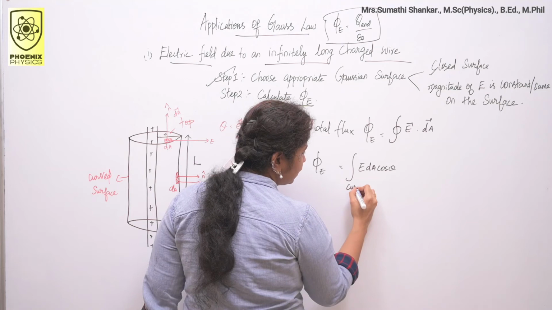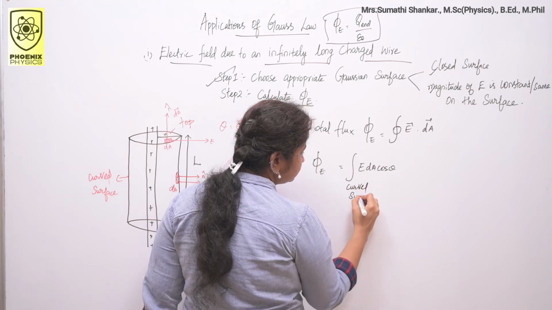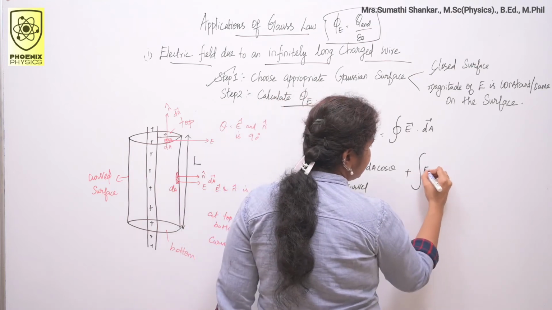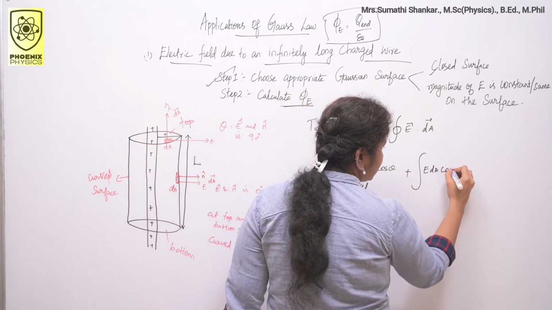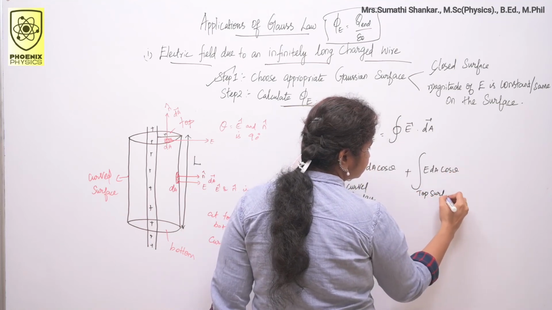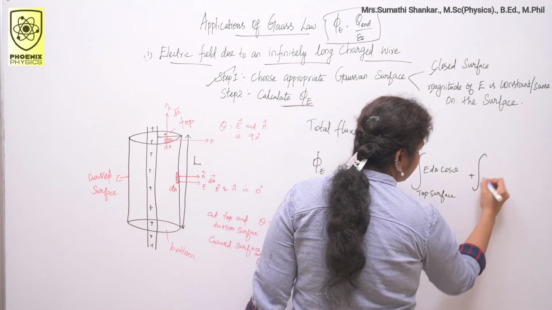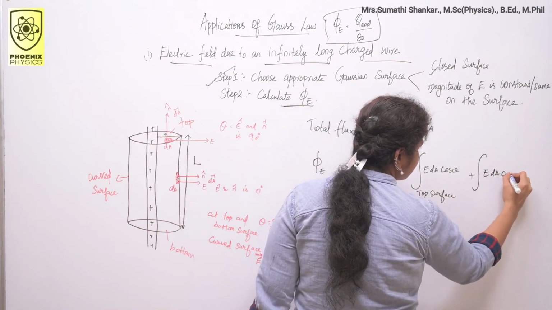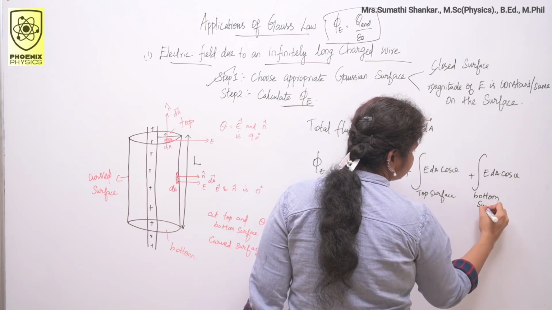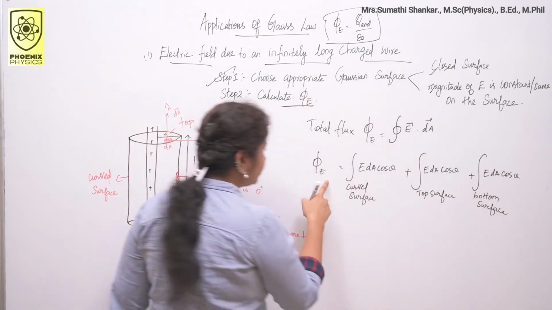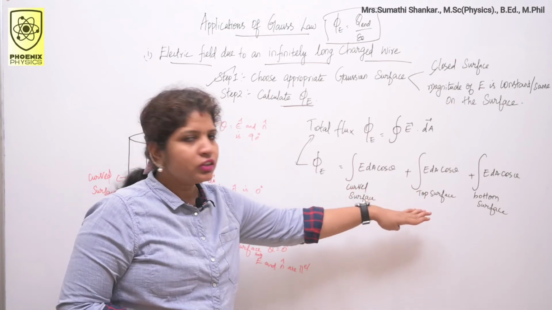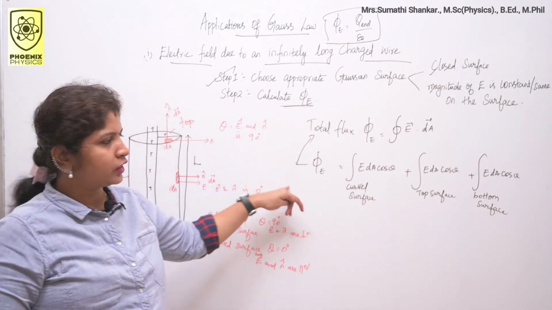This is for the curved surface, plus integral E dA cos theta for the top surface, plus integral E dA cos theta for the bottom surface. Because we are calculating total flux, if you add these three surfaces, you get the total flux.